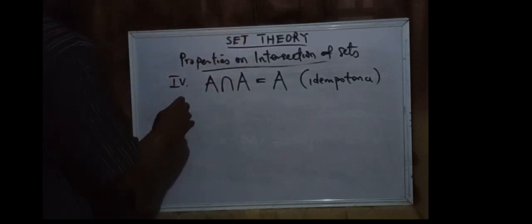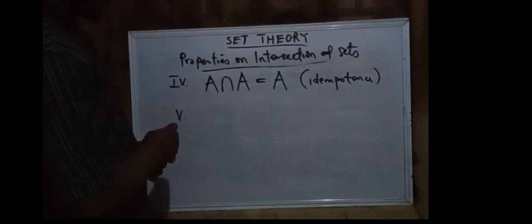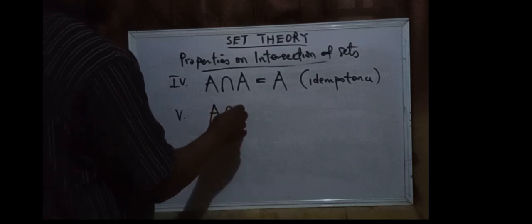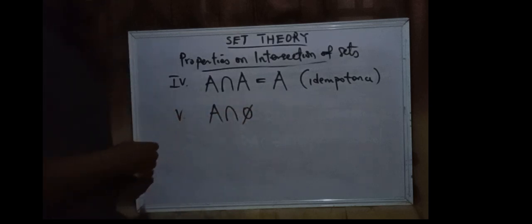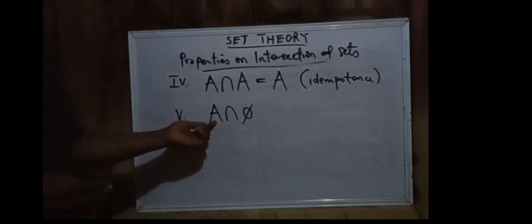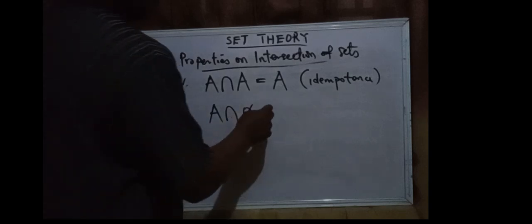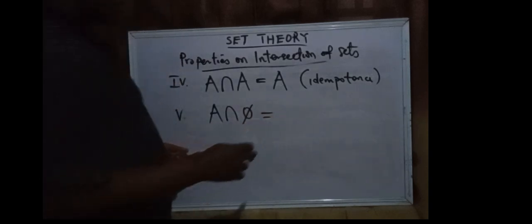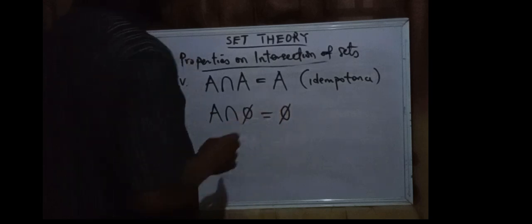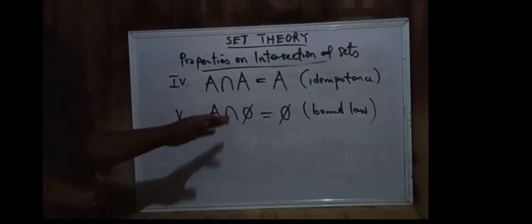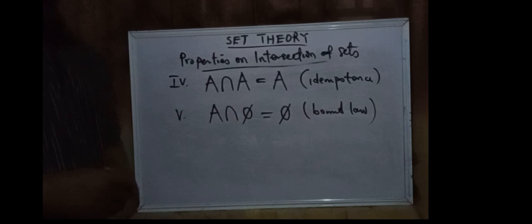And the fifth one is if you have the intersection of a set and the empty set. If a set A intersects the empty set, of course, both of them have nothing in common, and because of this the result will be empty, and we refer to this as the boundary law. So these are some of the properties we have for the intersection of sets alone.